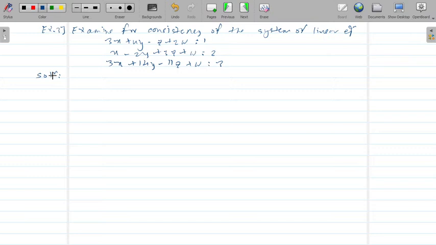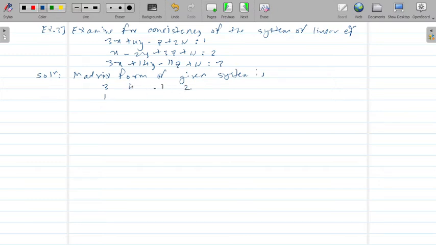The very first step for solving the system of linear equations is the matrix form of the given system. So we have to write the coefficient matrix. In the very first equation, coefficients are 3, 4, minus 1, 2.